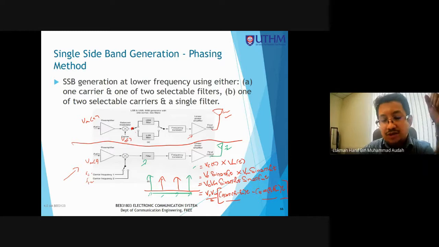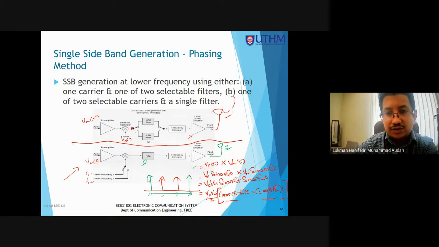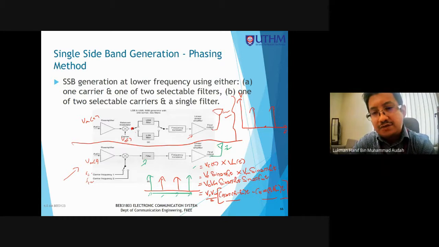So kalau kita lukis dia punya spectrum, if we draw the spectrum, you're going to see that it looks like this. So this is V versus F, then there's no carrier component, and here is FC minus FM.